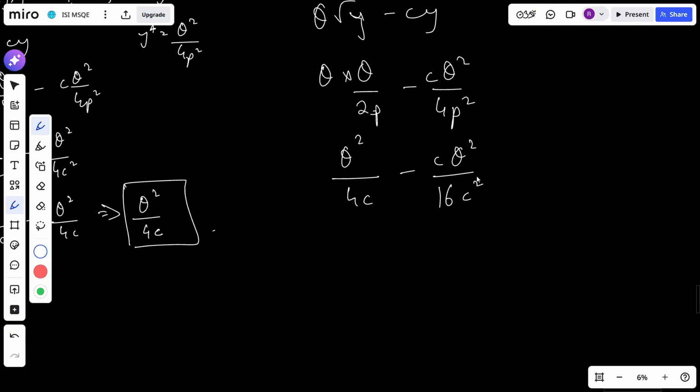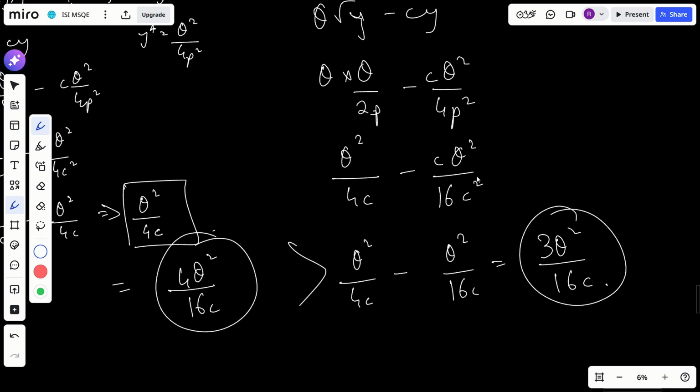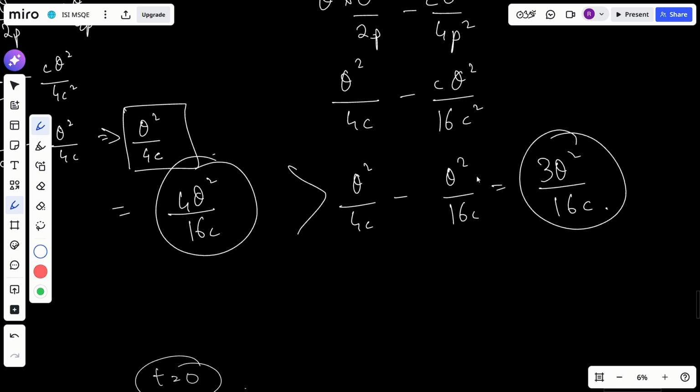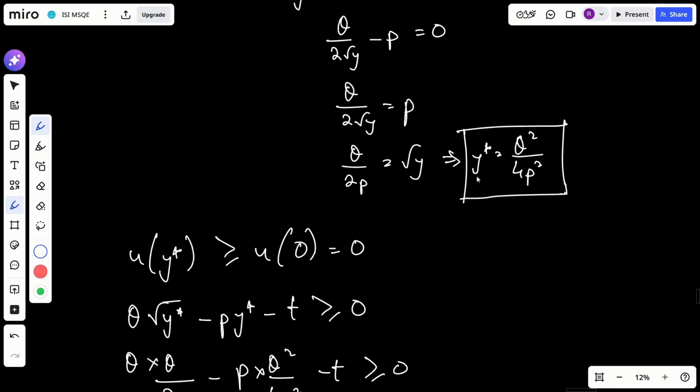So from here theta square by 4c minus theta square by 16c, which will be 3 theta square by 16c. In the first case it is 4 theta square by 16c and this is 3 theta square by 16c. So in the first case our social surplus is much more, so we got part C as well.